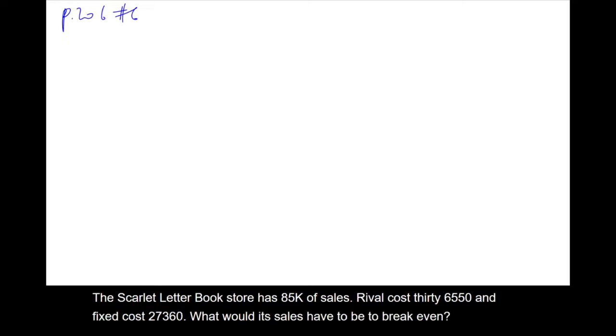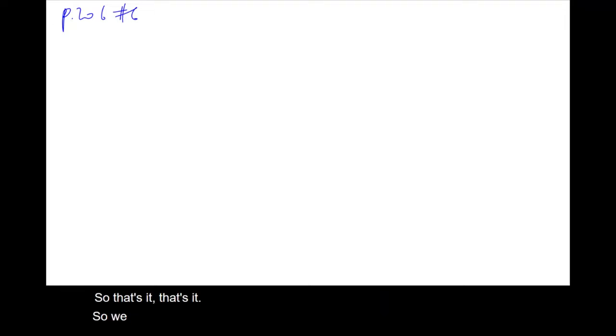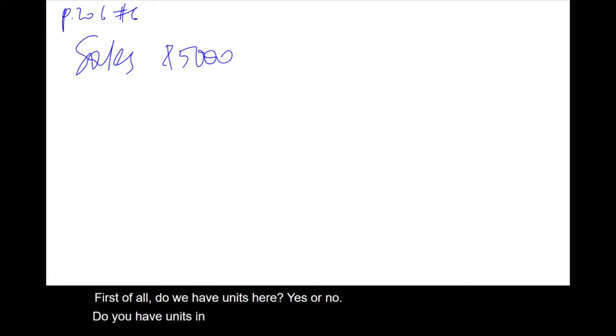Okay, so that's it. So we have sales 85,000. First of all, do we have units here? Yes or no? Do you have units in this question? Okay, what is the unit, please?